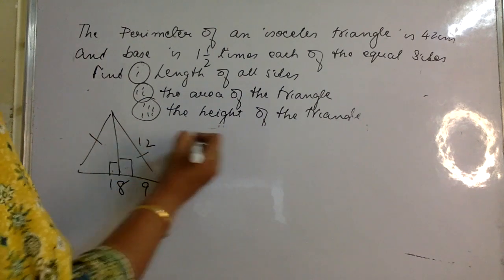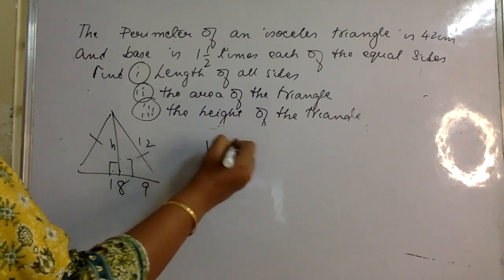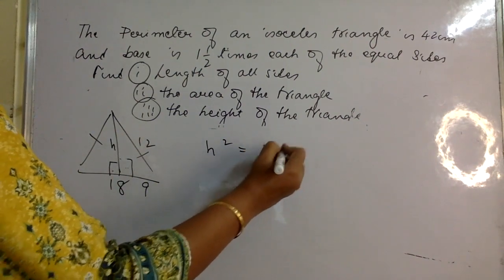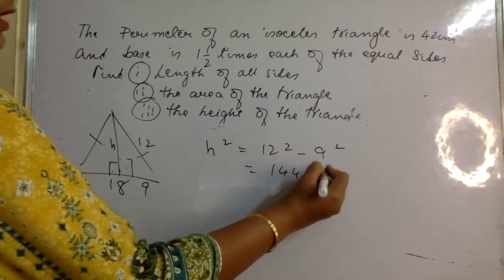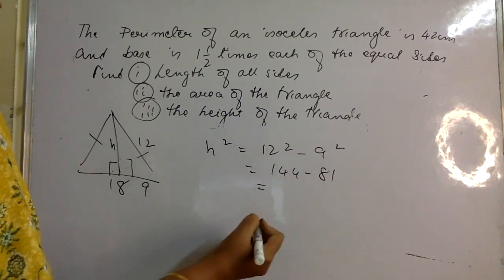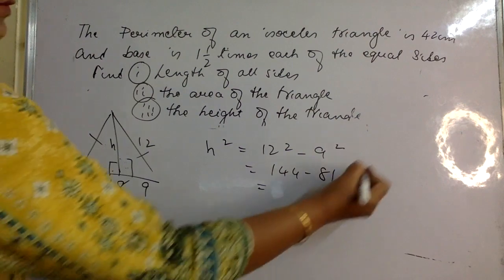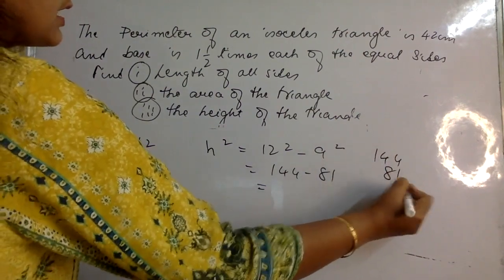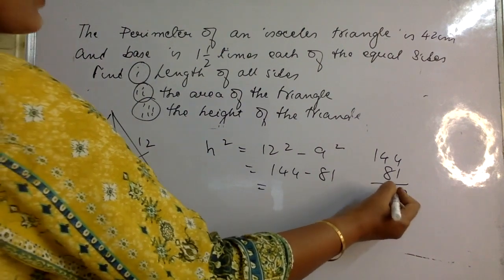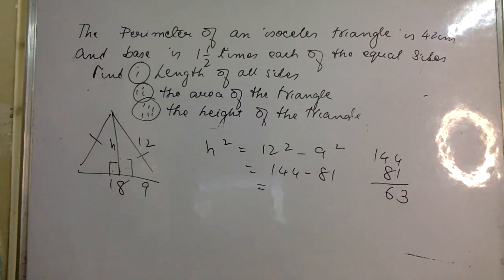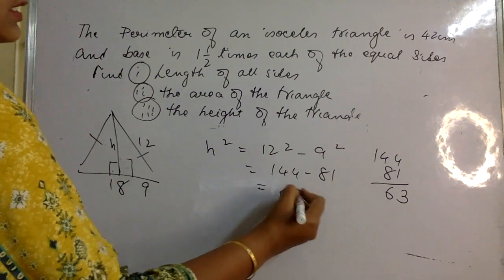So let me try this. Let me say h. H square is equal to 12 square minus 9 square. That is 144 minus 81. That gives me 63.